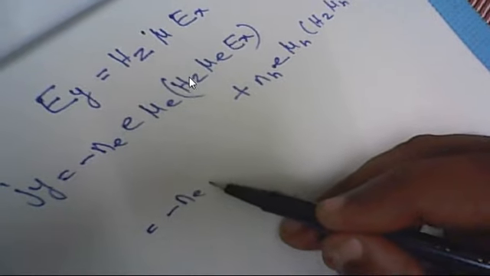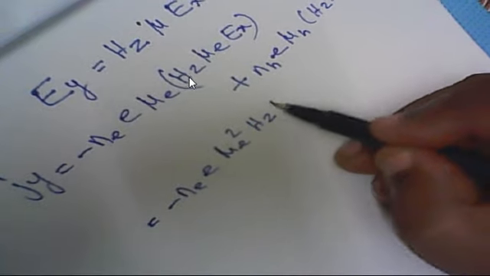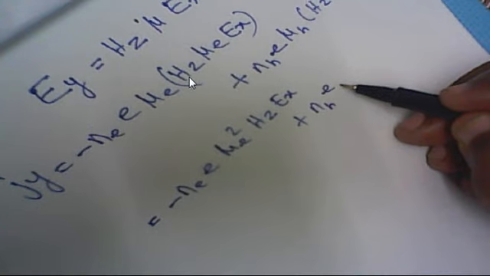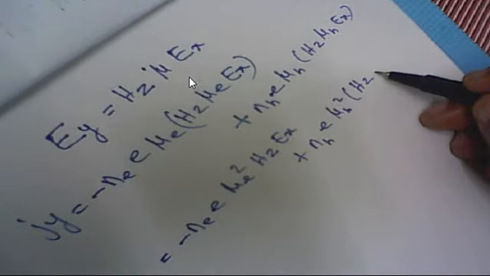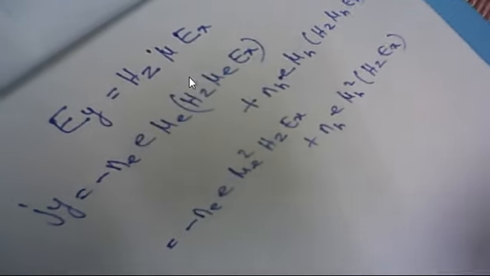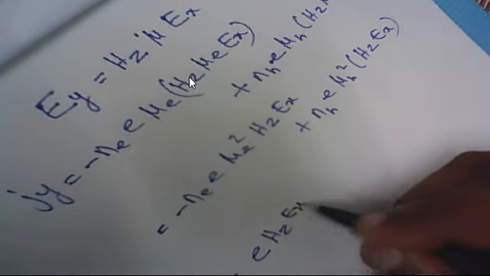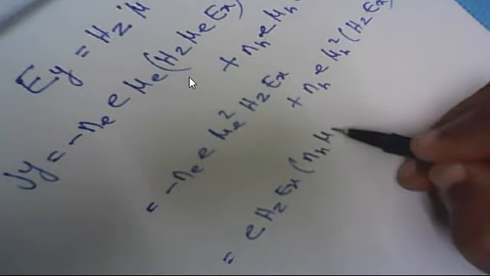So we can write the expression as minus Ne e mu e square Hz Ex plus NH e mu H square into Hz Ex. So the common terms can be taken outside: e Hz Ex into (NH mu H square minus Ne mu e square). This is Jy.